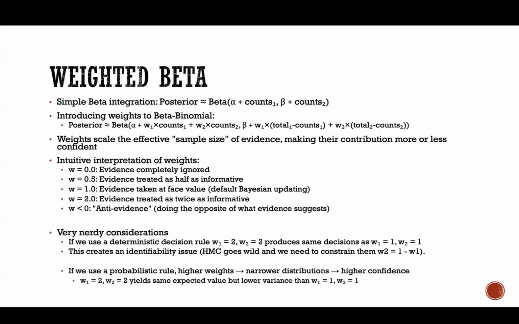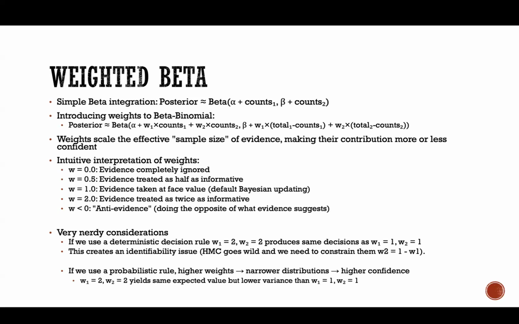Do I need to do this? Yeah. So this is something that came up as I was building the course notes. If we use a deterministic decision rule, let's say as soon as there is more evidence for red, I'm going to pick red, then what happens is that if the relation between the 2 weights is constant, the actual values of the 2 weights don't matter, they produce the same result.